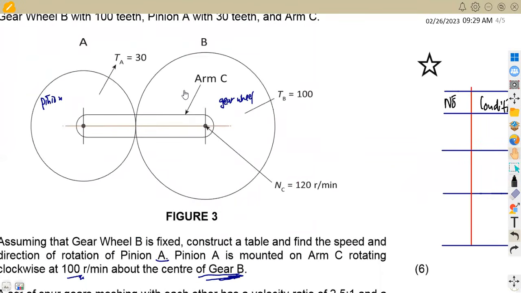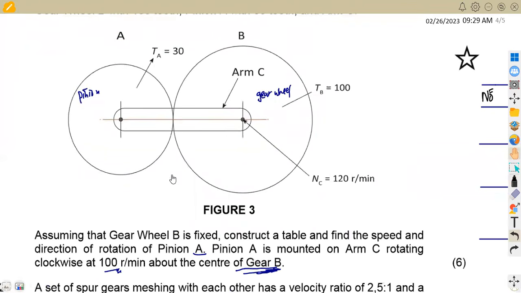So the arm C, we are given that it's rotating 100 revs per minute. So this is 100. What you are going to use is what you're given on the diagram. On the diagram, we are given 120, which is rotating clockwise.